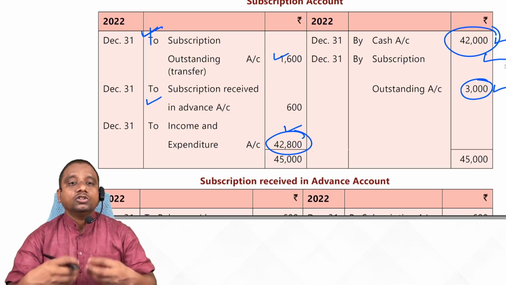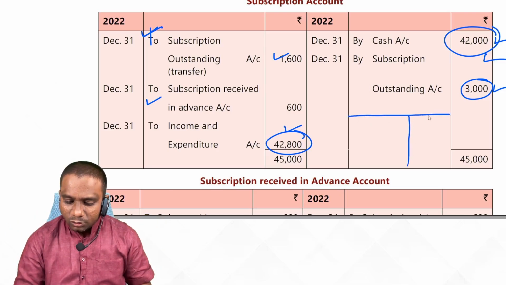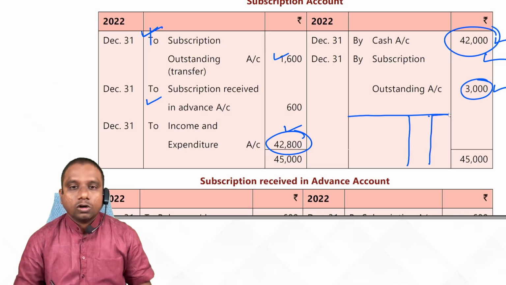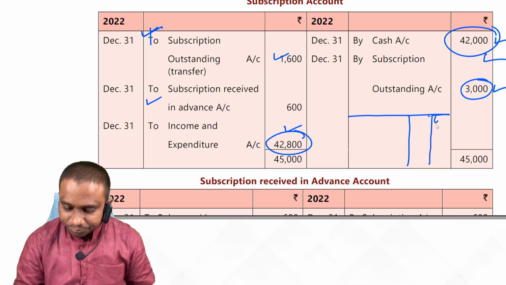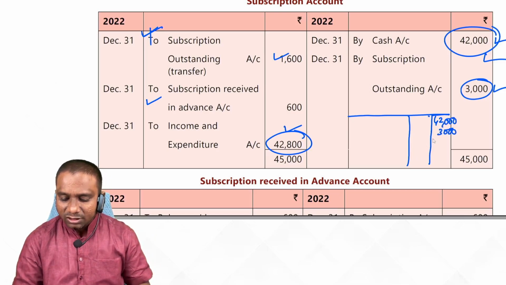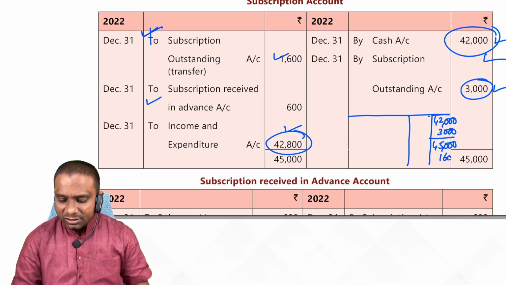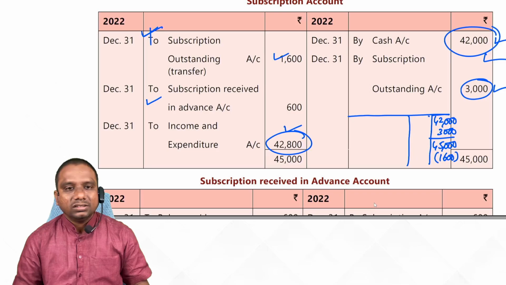Same account can also be prepared in a statement format. What is that, sir? Simple. 42,000 amount received, still receivable for current year 3,000. So 45,000. Out of this, what is relating to previous year? Previous year amount we have to ignore, 1600.